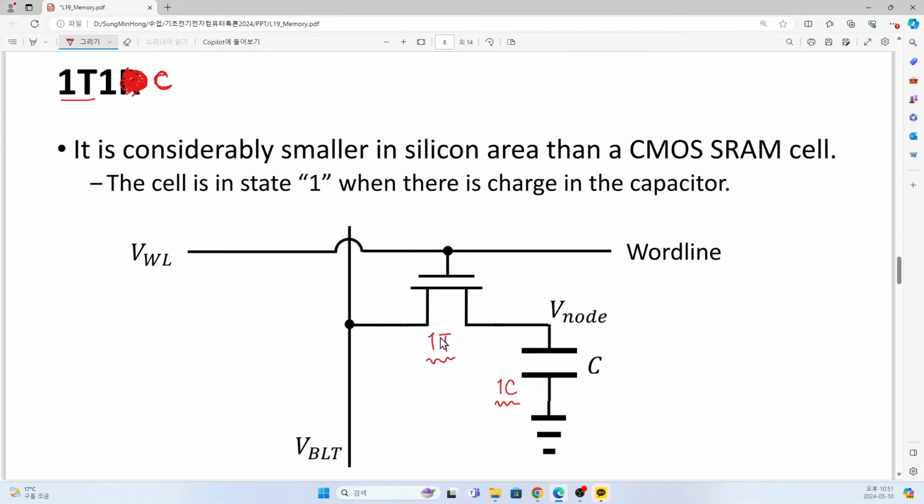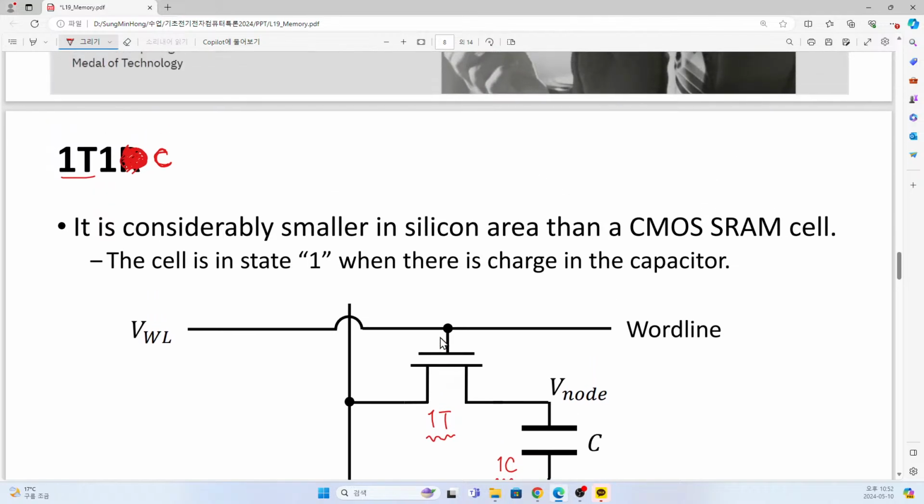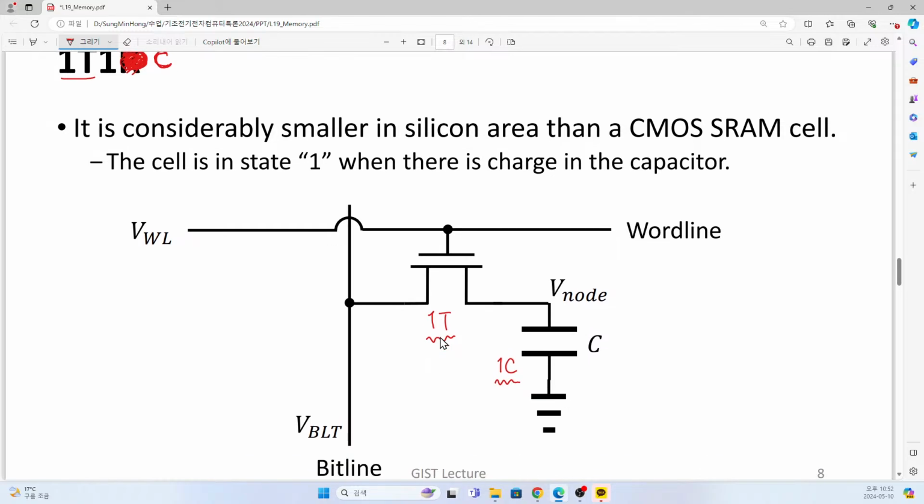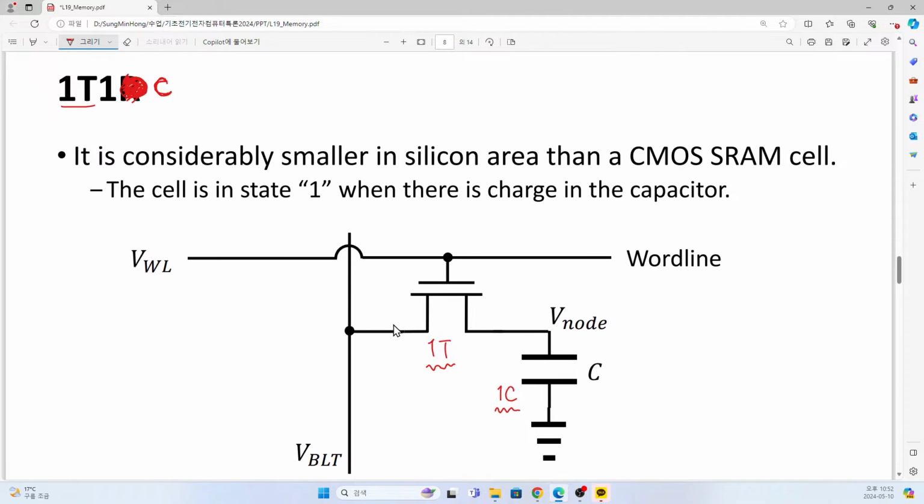Although it should be periodically refreshed, sometimes storage capacity is the most important thing for certain applications. So although it has certain difficulties, like more complex circuitry to maintain this kind of refresh job, we need this DRAM.